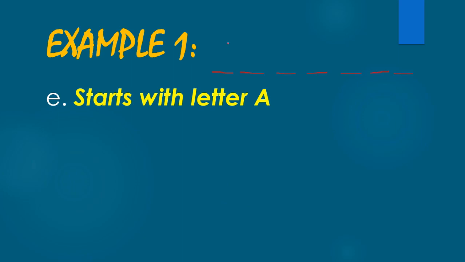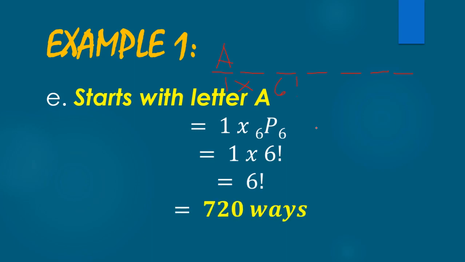And then if the first letter should be A, so it's already one way, times there are other 6 letters to be arranged in 6 positions. So that would be 6 factorial or 6P6. So that would be 1 times 6 factorial. So that is still equal to 720 ways.